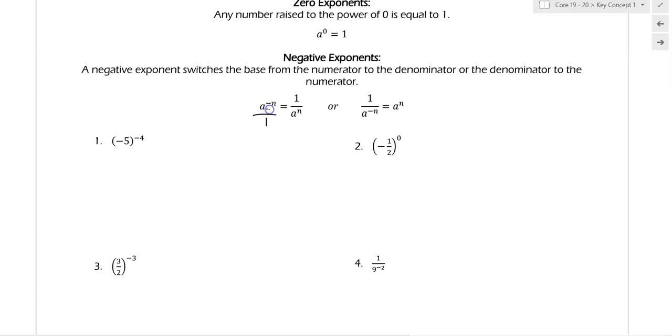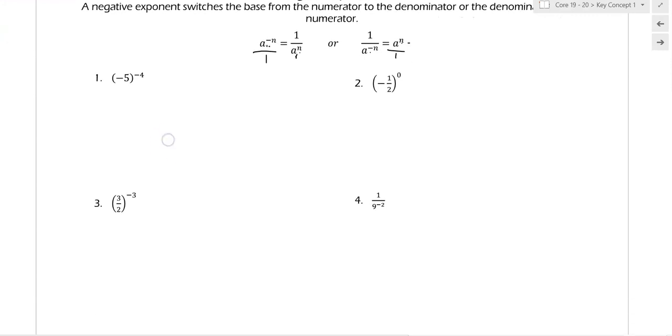And so this thing in the numerator just switched to the denominator, and it got rid of the negative on its exponent. And same thing here. This thing that was in the denominator switched to the numerator, and again, it got rid of the negative in its exponent.